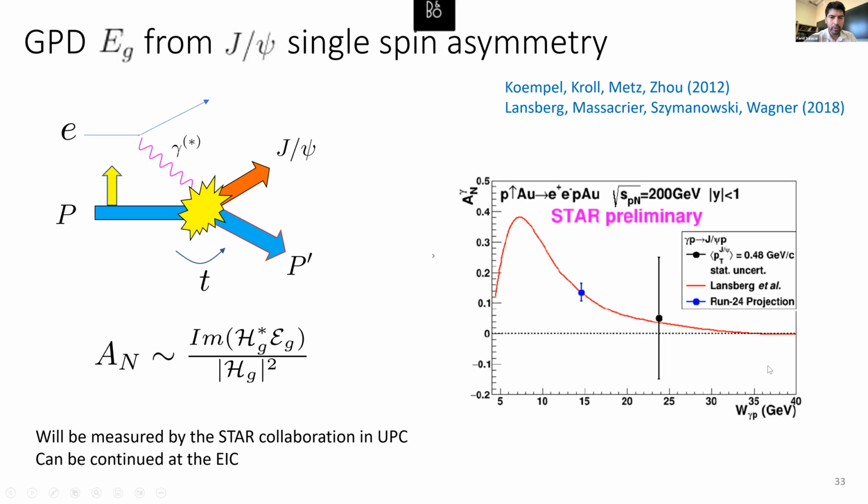I have one more question, maybe of a very different character. In this talk, you mostly focused on the proton spin structure, but at the EIC one can also polarize light ions. Is there any work in this direction on the spin of light ions? Yeah, there must be, but I'm not familiar with that.